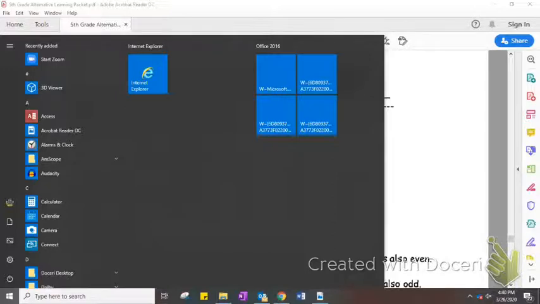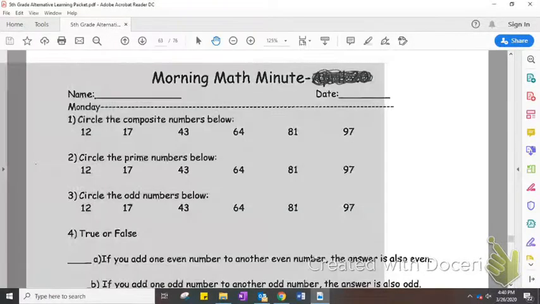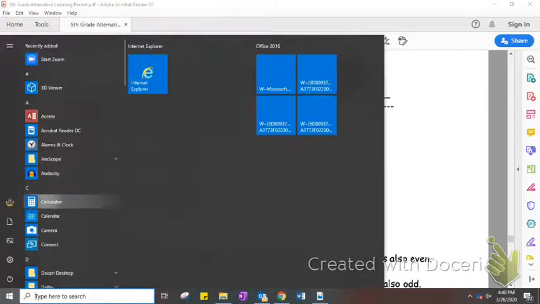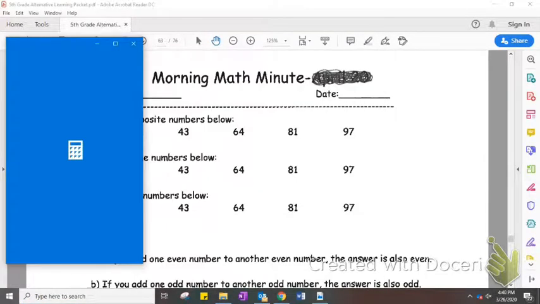Computer's slow. So you can use a calculator to determine what a number is divisible by. Let's see here. There we go.